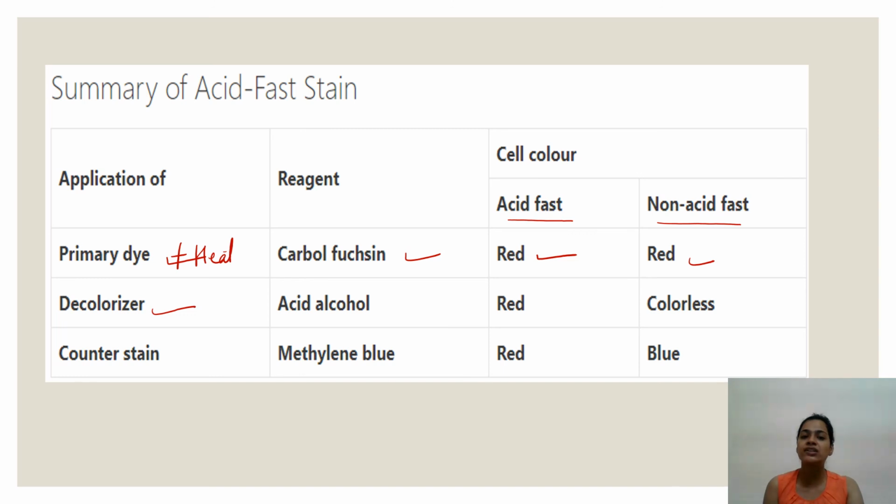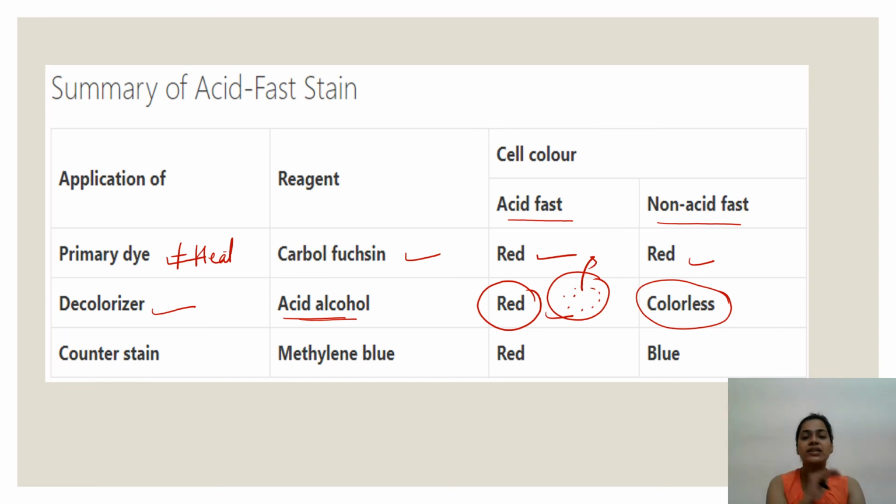Further, after the addition of the decolorizer, which is the acid alcohol, the acid fast stain will retain the red color, but the non-acid fast stain will become colorless. Why will they retain it? The mycolic acid or the lipid content will not allow the primary stain, now present within the cytoplasm of the cell, to leave the cell.